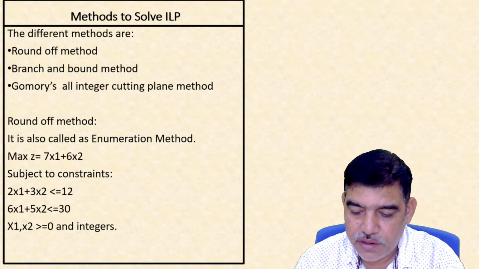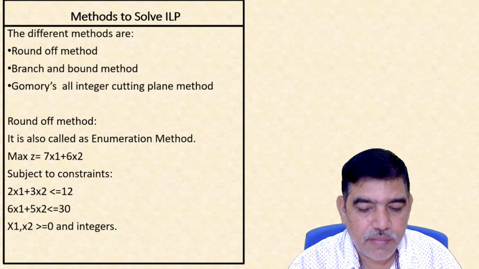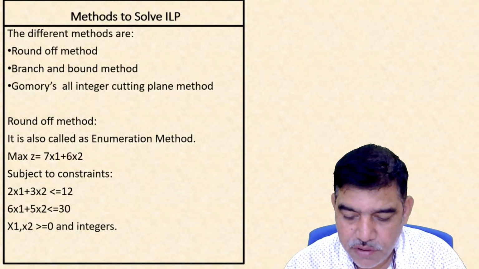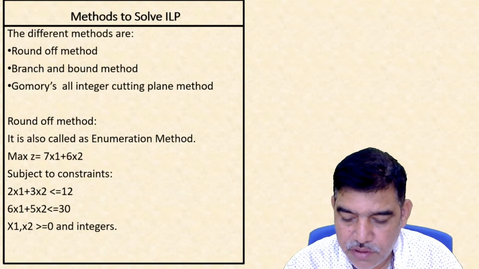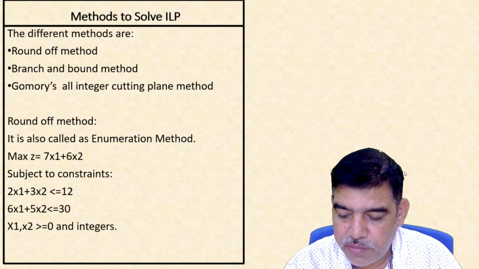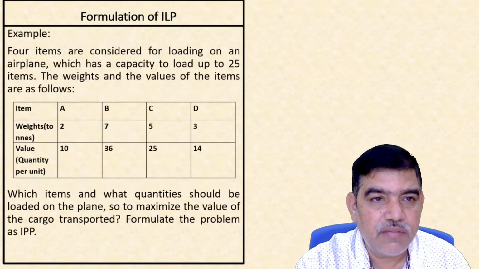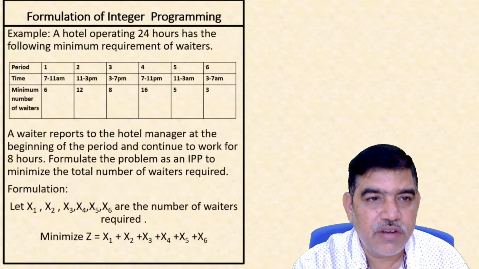Unimodularity. What is actually unimodularity? We have noted in the introduction that the general integer programming model cannot be solved as a linear programming problem. In the first slide, I have mentioned this.